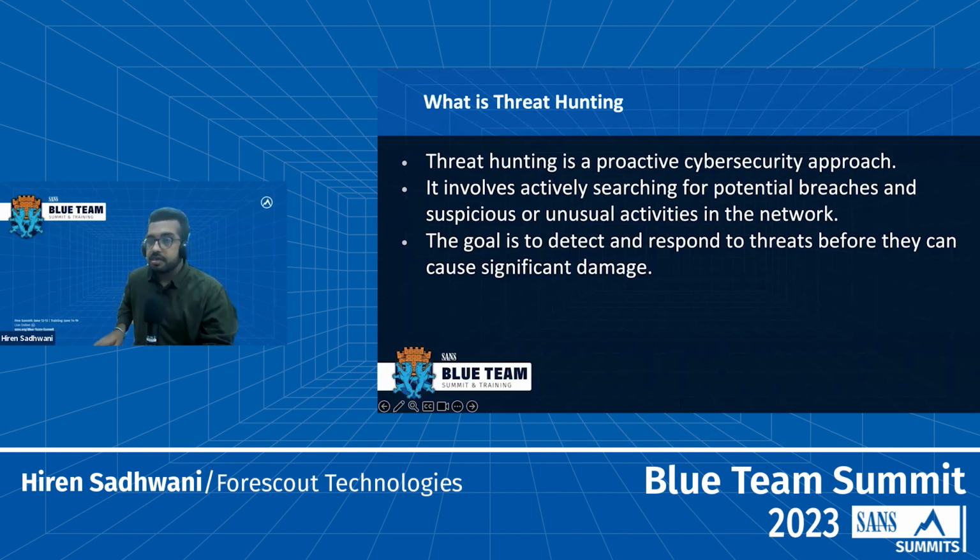Threat hunting is basically a proactive approach to detecting and hunting in the network. Basically, we are searching for unusual or suspicious activities in the network, and the goal is to detect and respond before any harm happens to the system. So basically, we are detecting and responding to the attacks before any alert comes to us, right?